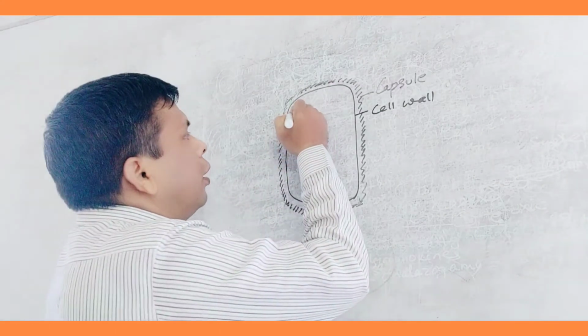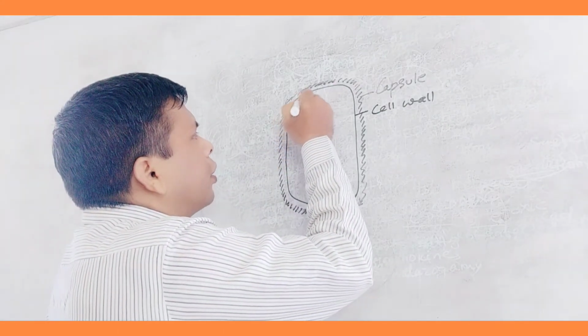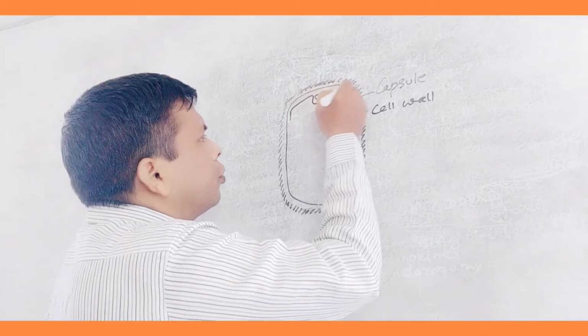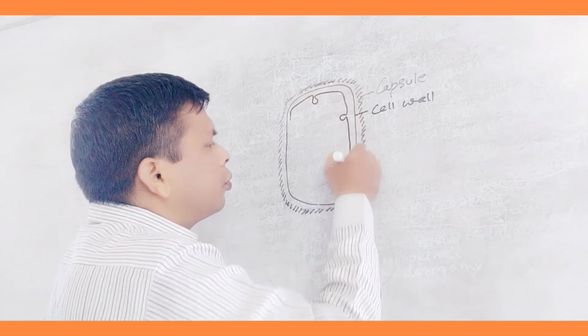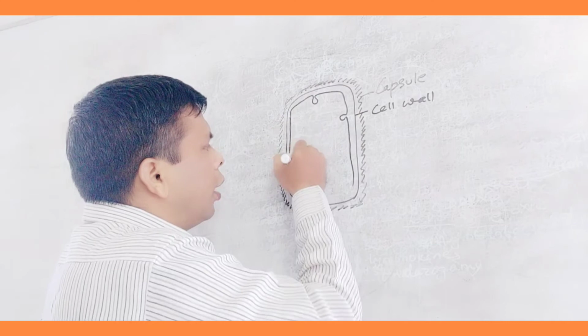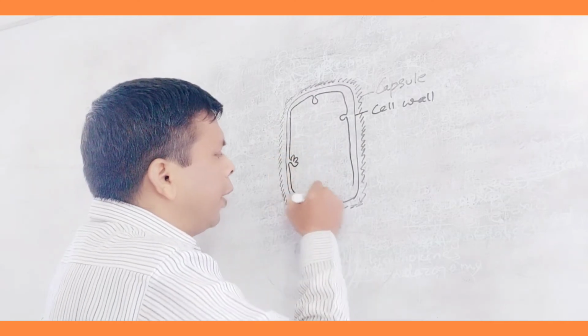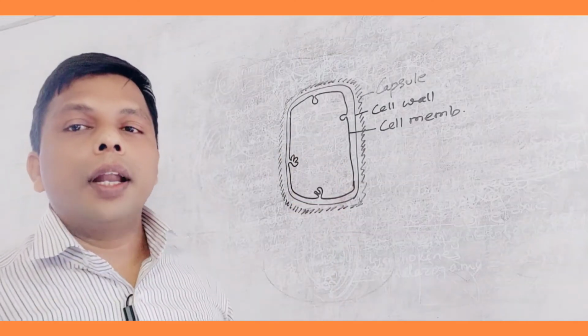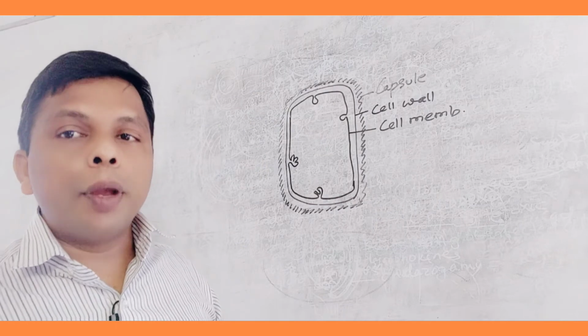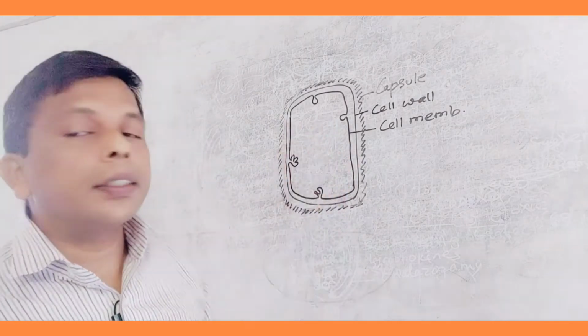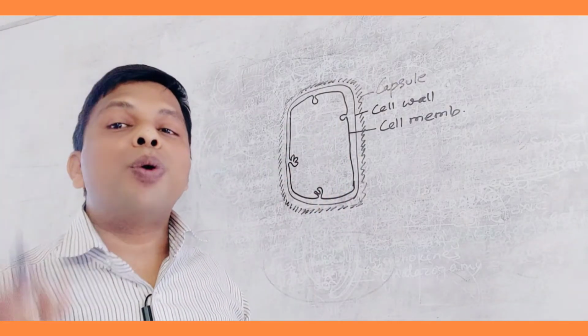Next to the cell wall, there is another covering, which is called the cell membrane. This cell membrane produces inward foldings.